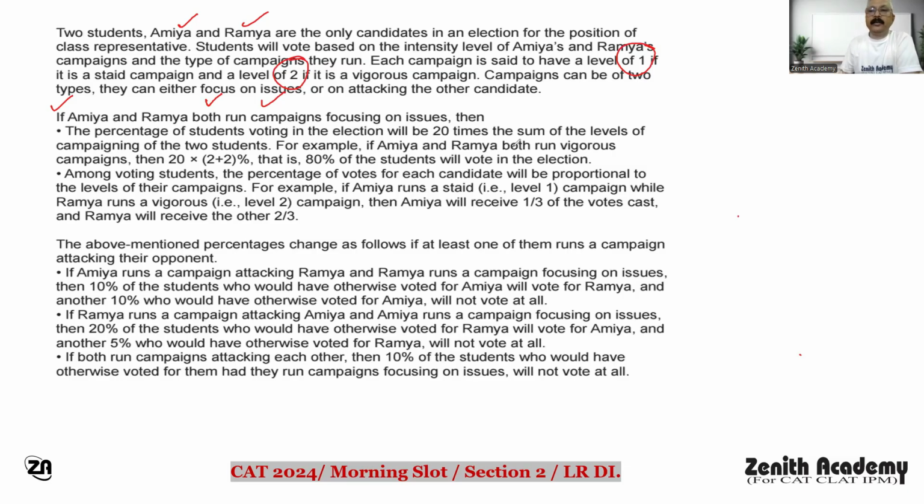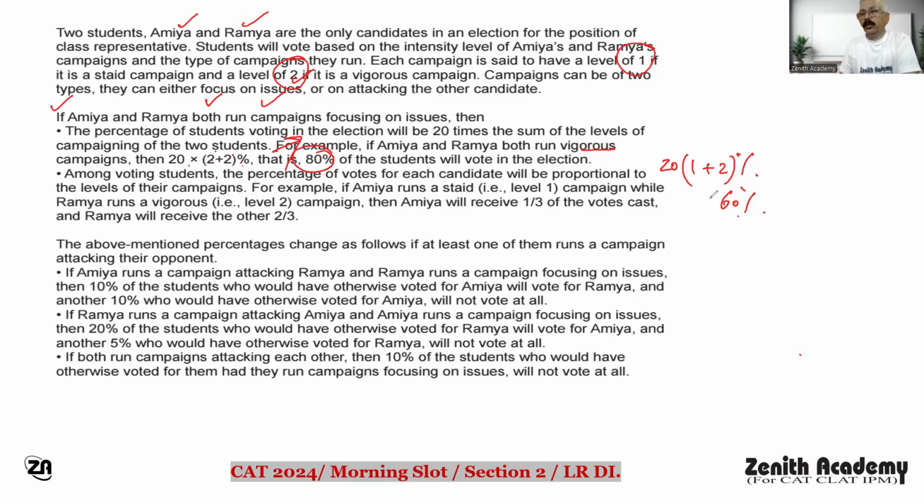If both are running vigorous campaigns, which is level 2, then 2 plus 2 into 20% is 80%. If one is running one type and the other is running the other type, then 1 plus 2 into 20 is going to be 60%. We can understand this from the given examples.